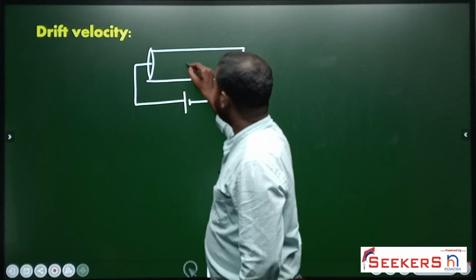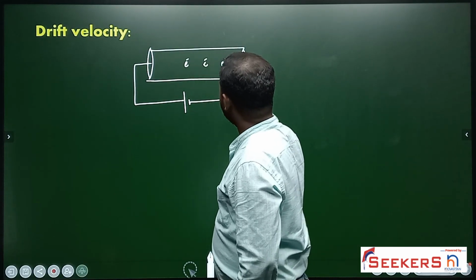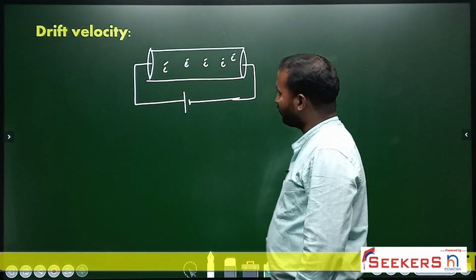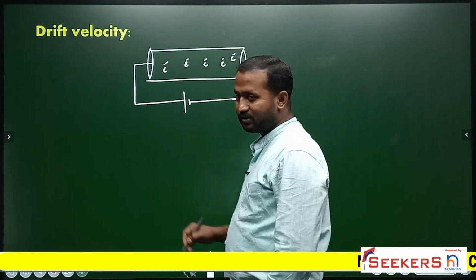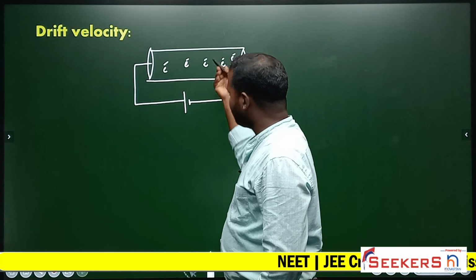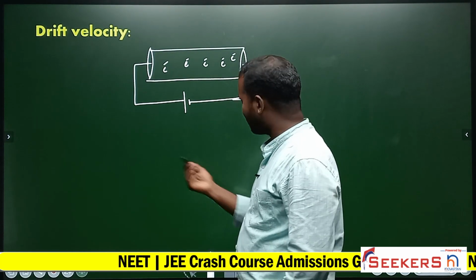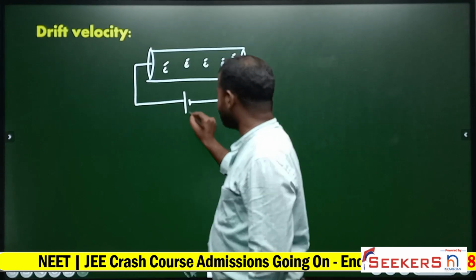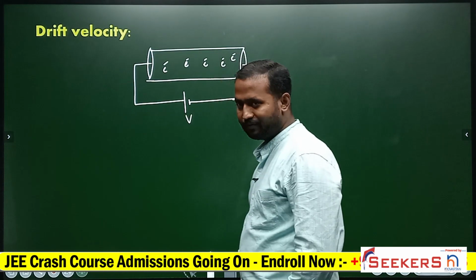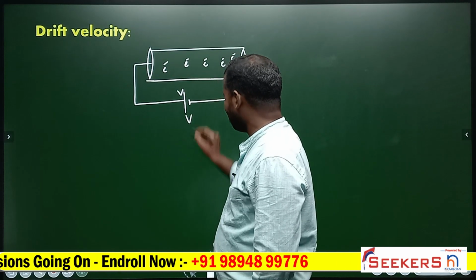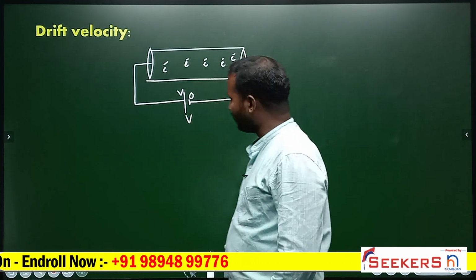In a conductor we have nearly 10 power 23 electrons per unit volume. All these free electrons will be able to move as soon as they experience an electric field. Now if I connect this to a cell whose EMF is, say, V, the higher potential plate will have V potential, and the lower potential plate has 0, let us say.